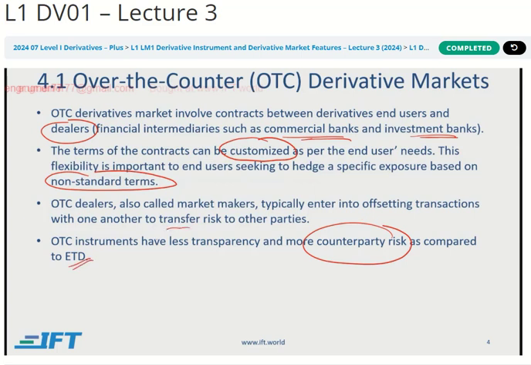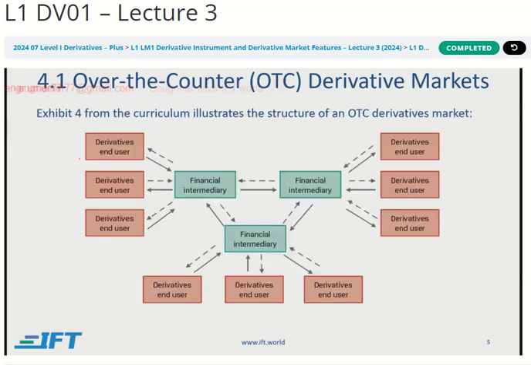And also there is less transparency. You can say it's like a private deal happening between two big banks, and they trust each other and are willing to take the risk. As a benefit, they get non-standard terms, and they can customize the contract as per both their requirements, and this gives them the flexibility.